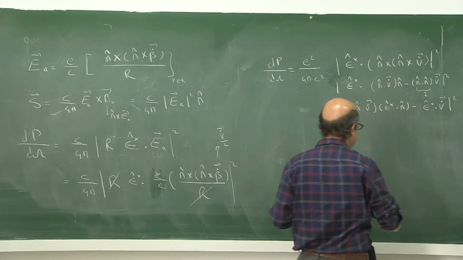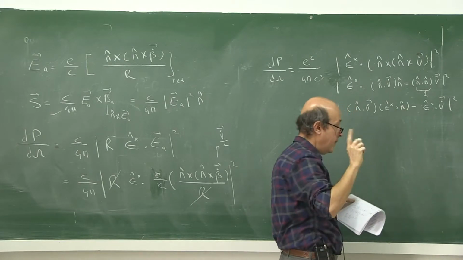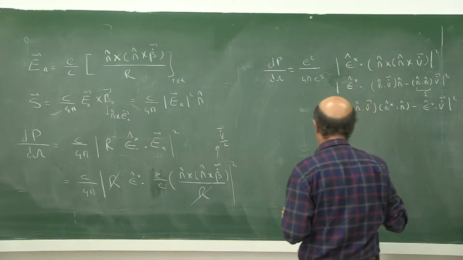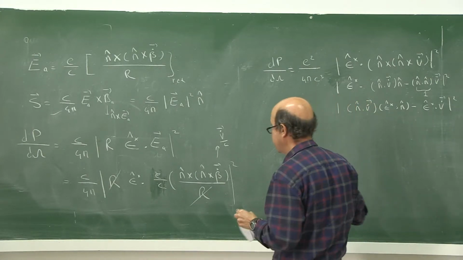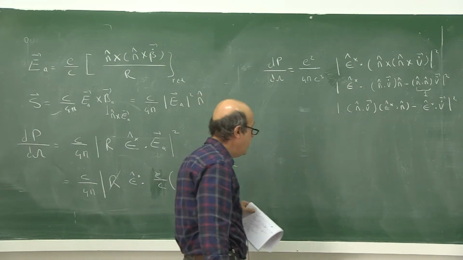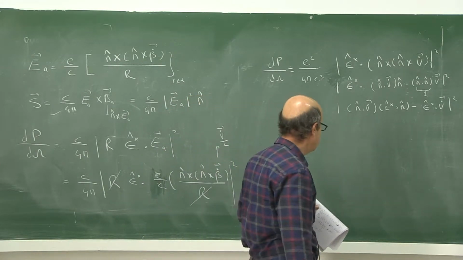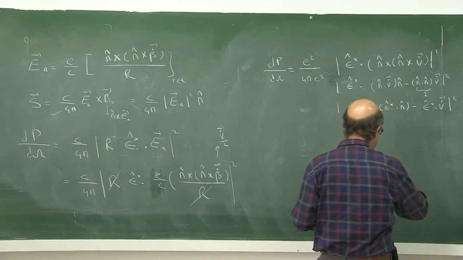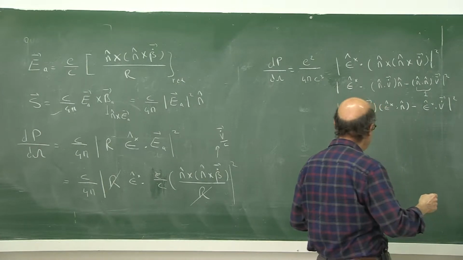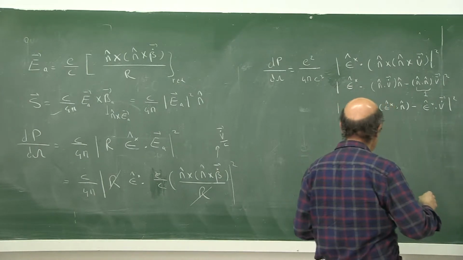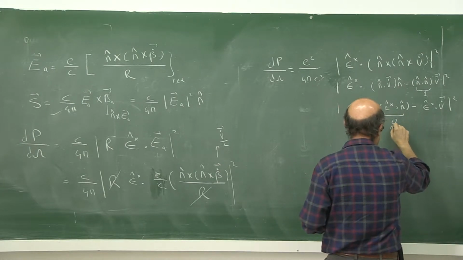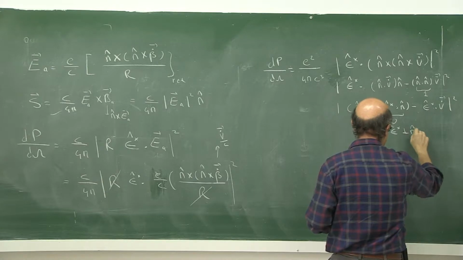And we know that n is the propagation direction of the wave, and epsilon complex conjugate is the polarization. So polarization is orthogonal to the propagation direction. Therefore, this term will be 0 because epsilon is perpendicular to n hat.